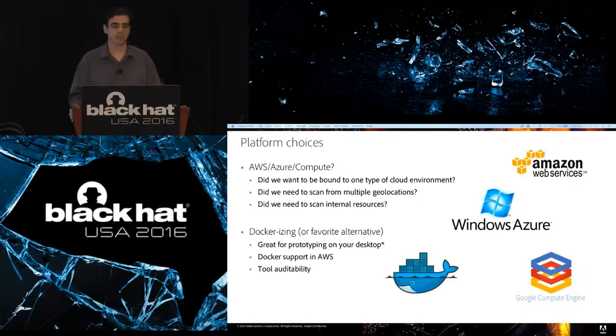How strongly bound do you want to be to the environment that you're hosting in? And you also have to take into account things like geolocation. You may need to scan from a network that's relatively close to where that thing is, as opposed to scanning from all the way across the Atlantic or all the way across the Pacific. So you want to take into account those sorts of things, like where are we going to deploy it, how tightly bound do we want to be to that deployment platform, and will it allow us to move around the way that we want.